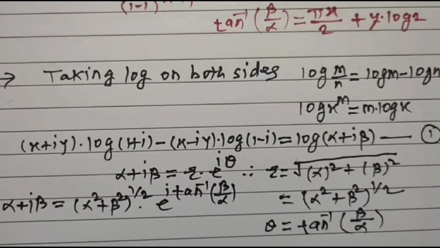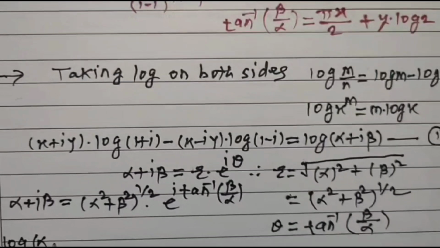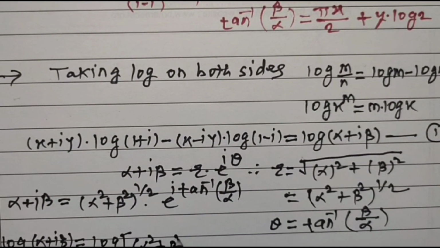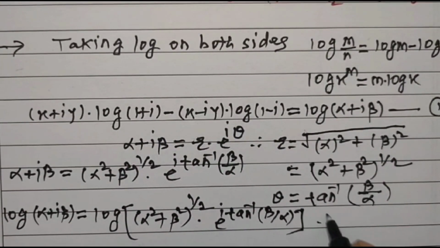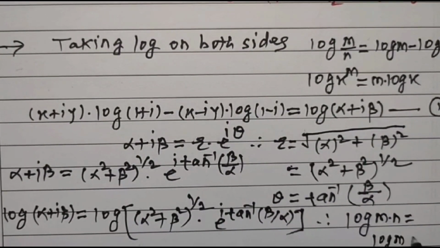Now if we take log on both sides, then logarithm of alpha plus i beta is equal to logarithm of alpha square plus beta square to the power half, e to the power i into tan inverse beta divided by alpha. Okay, now we have to apply the logarithmic property. Logarithm of m into n is equal to log m plus log n.